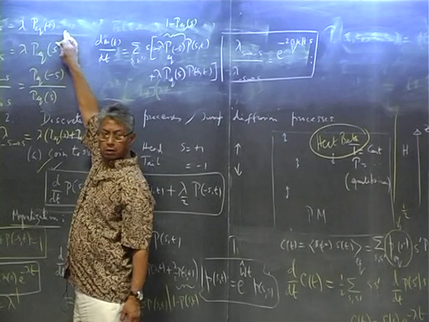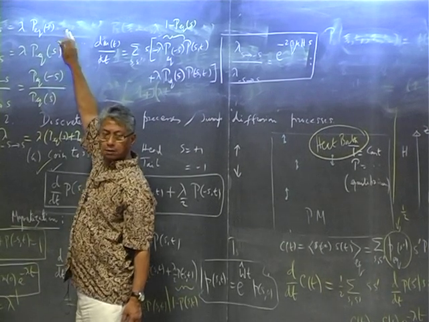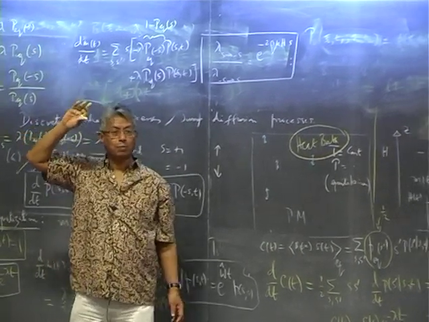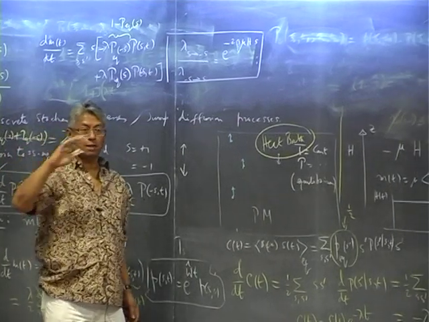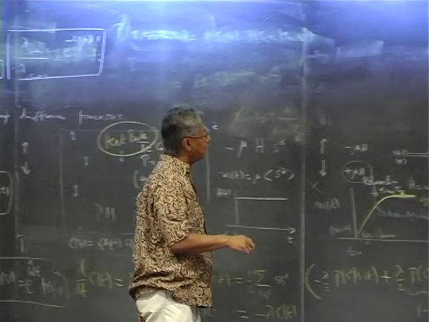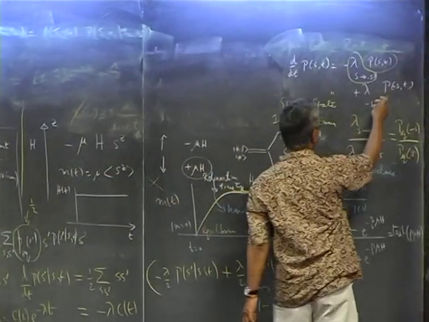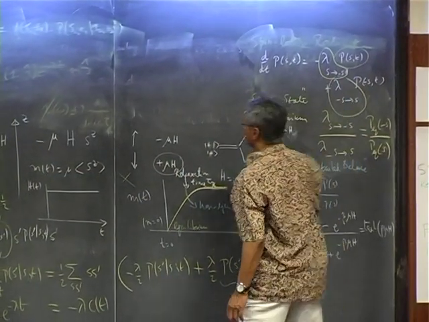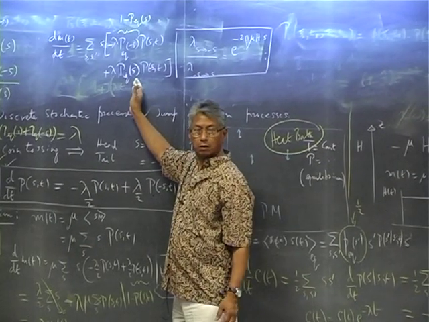Right? It's just that maybe I'm moving from one part of the board to the other, but you have to move your eyes also. And this term is lambda minus S to plus S, for which I have substituted this.